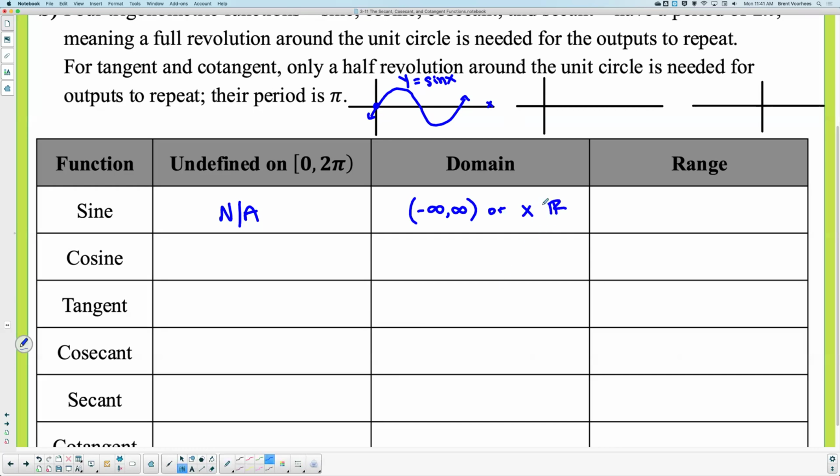The symbol ∈ means is in. Okay, now let's talk about the range. This means low to high. How low does the sine graph travel? Not negative infinity. -1. How high does a sine wave travel? 1. Okay, so the range is going to be -1 to 1.